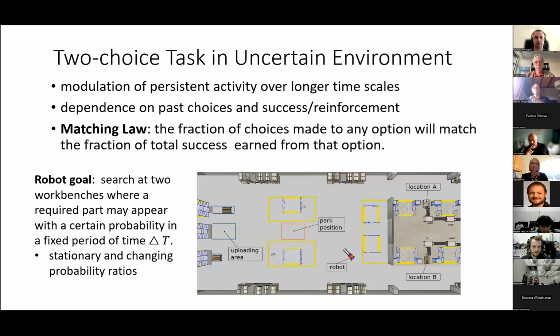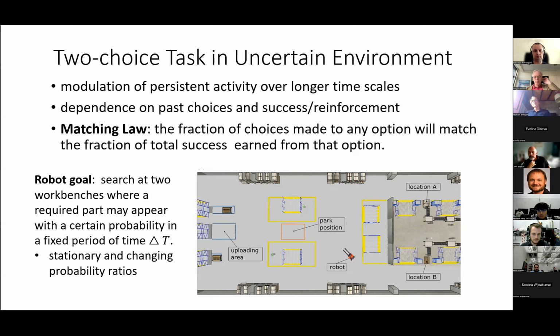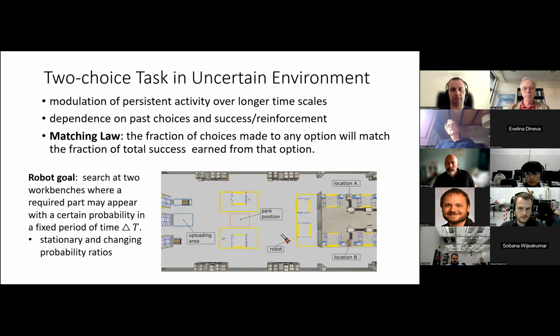Now we have an example inspired by experiments in monkeys and pigeons, where the agents are forced to make decisions in uncertain environments. It's a simple 2-choice task. Here, in a robot scenario, a mobile robot has to pick up a certain object at either location A or B, which may appear with a certain probability in a fixed period of time delta t.